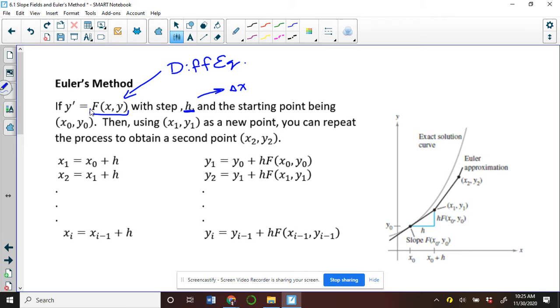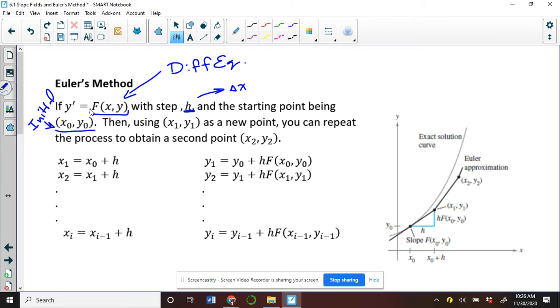And for a differential equation that's too complex to really integrate, we're going to find the approximation with small steps, which will get us very close to the actual curve of the function, but we will have to have an initial point. So that is our initial point, x naught, y naught. Without an initial point, you cannot do Euler's.